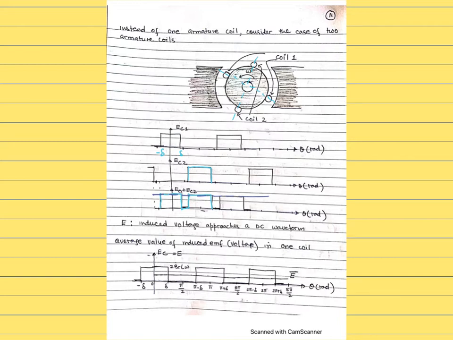Let's calculate the average value of the induced voltage from one coil system. Still one coil system, so here is the graph, and we're calculating its average value.